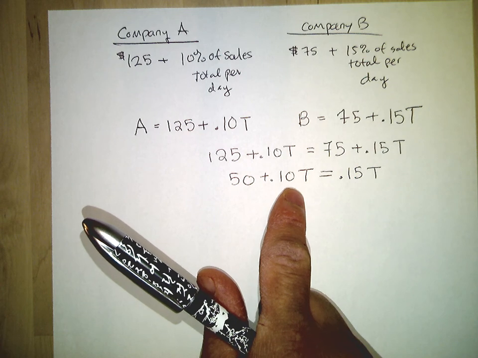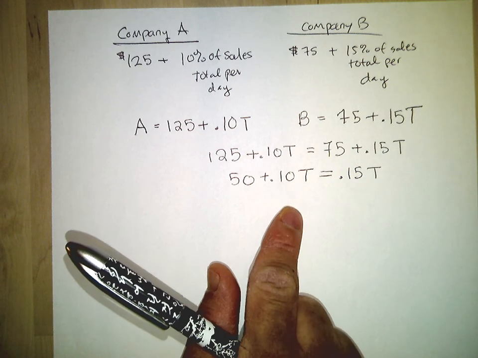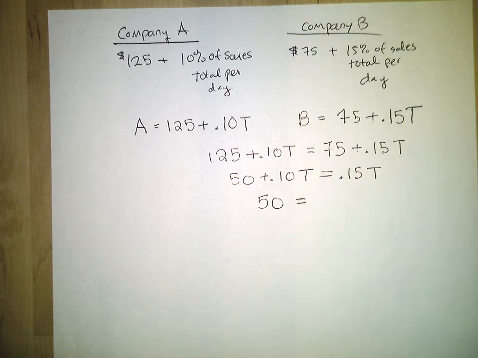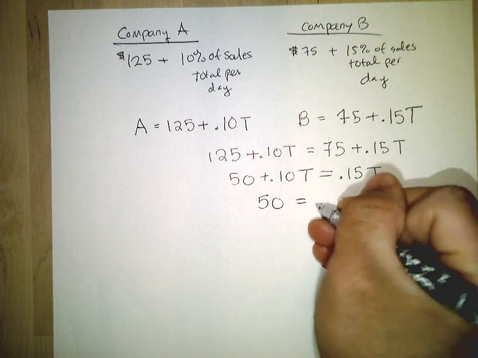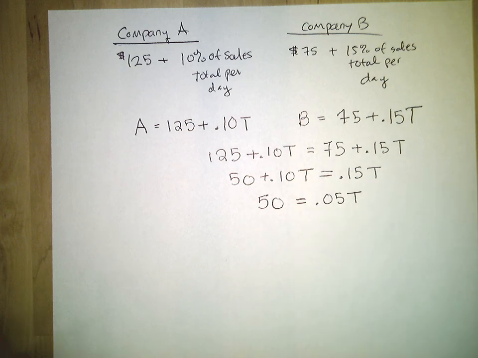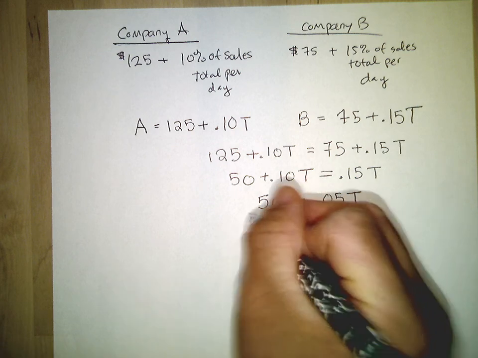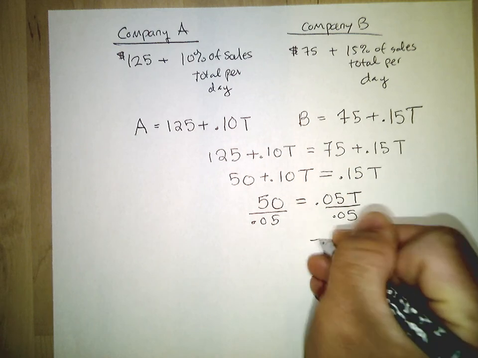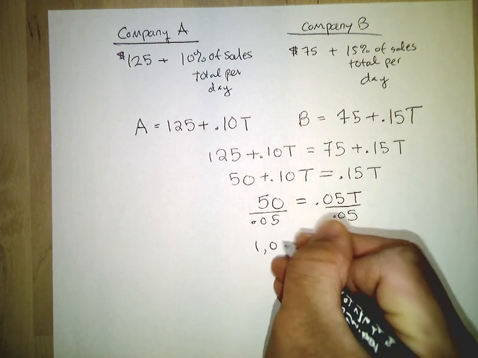Let's subtract 0.10t on each side. So 50 is equal to 0.05t, and then I'll divide by 0.05 on each side. So if I do that, I get that t is equal to 1,000.